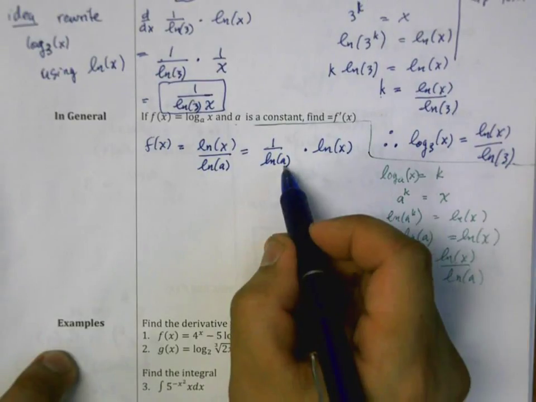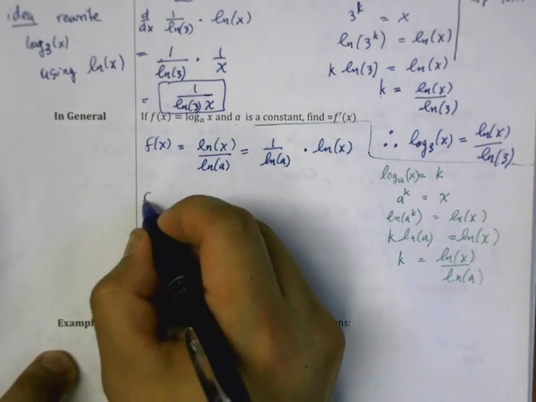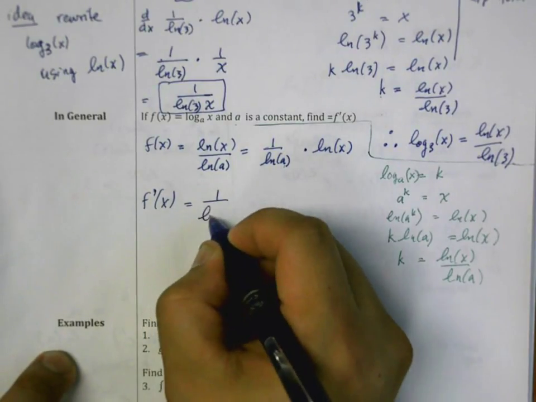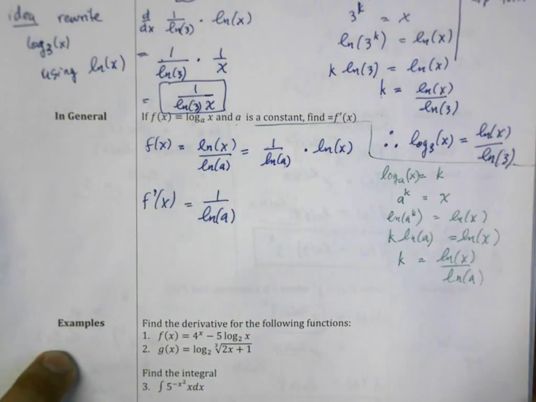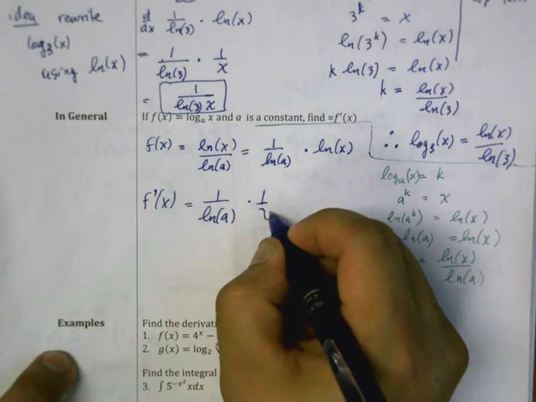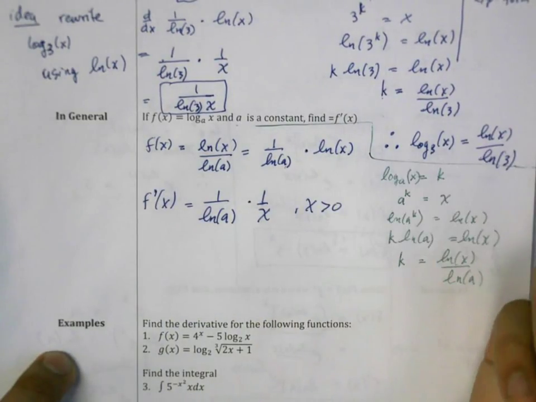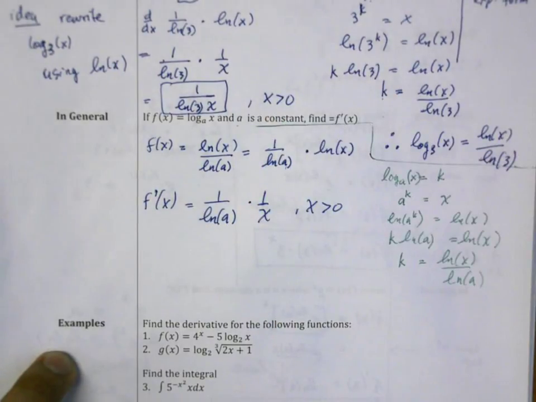And keep in mind, a is a constant, so 1 over natural log of a is also a constant. That means f prime of x, the derivative, is just the constant times the derivative of natural log, which is 1 over x. And the restriction here is that x has to be a positive number. Same thing up here. Actually, I forgot to include that restriction.